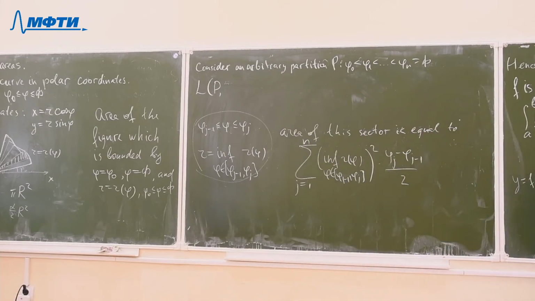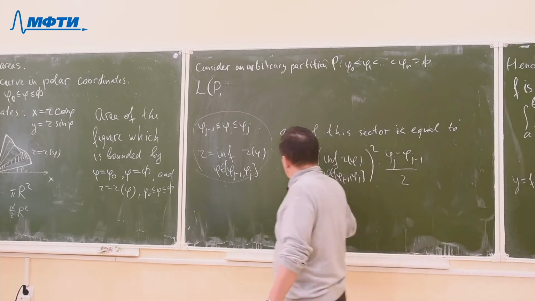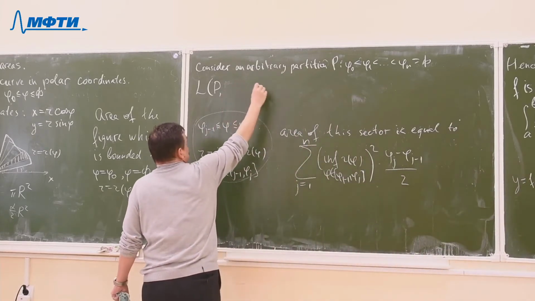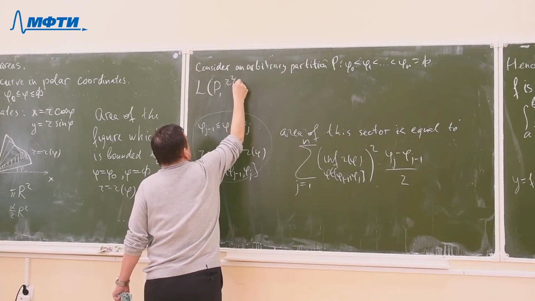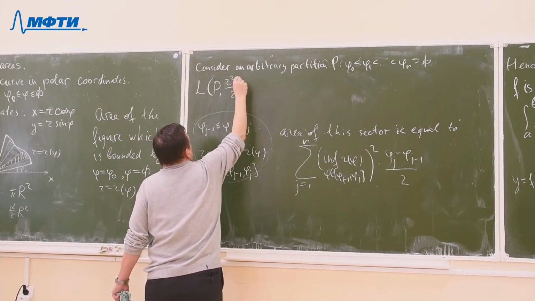And what is it? Look at this sum. That is precisely the Darboux sum for such a function, r squared of phi over 2.